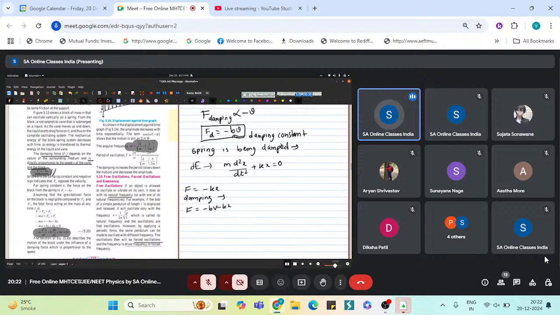Both of these are opposing the velocity, they are restricting the motion of the particle, so they are always in the negative direction of velocity and displacement. Writing v as dx upon dt, this equation will be m d2x by dt square plus b dx upon dt plus kx is equal to 0. So this is the differential equation of damped motion.